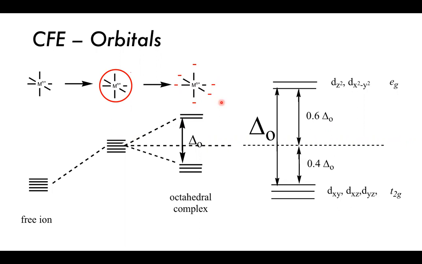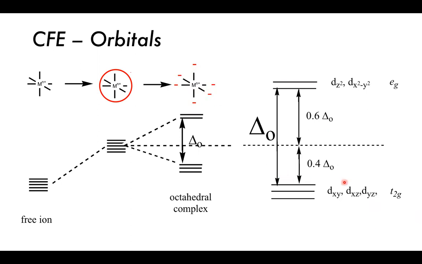So the orbitals which are end on to the ligands are the ones which are going to experience the most repulsion. So the dz squared obviously points along here and here, so that's directly in line with those ligands. And then the dx squared minus y squared points along the x-axis and the y-axis, which means that they experience a direct repulsion between the ligand and those orbitals.